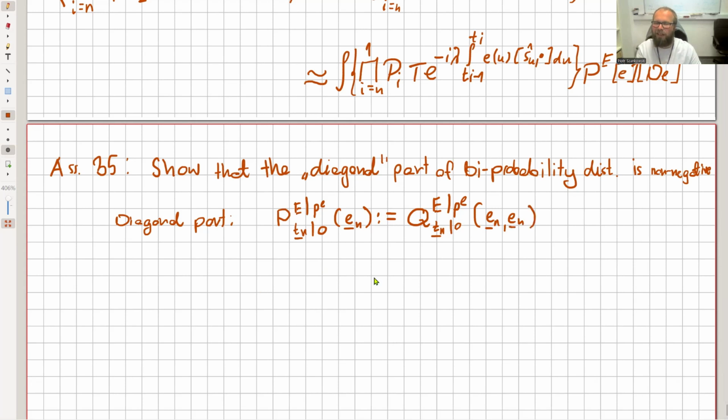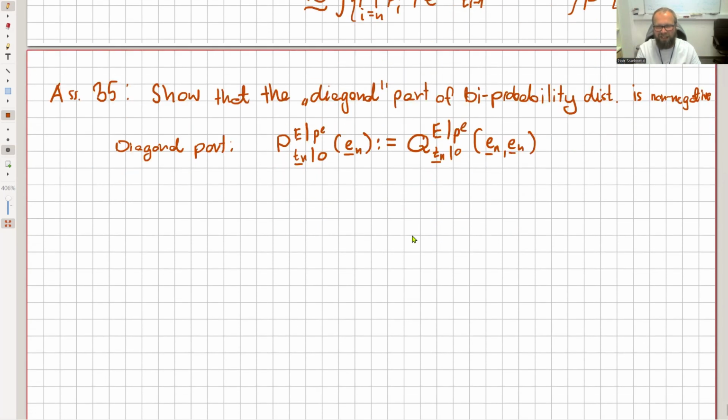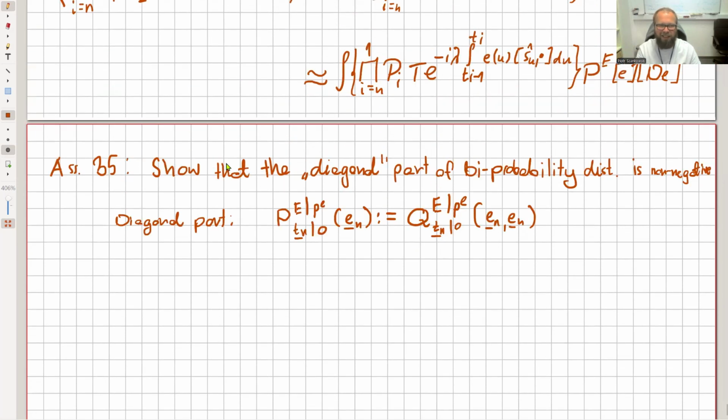So rather than feeding it with E plus and E minus, put the same sequences in both arguments. So this is the diagonal part. The off-diagonal part would be when some of the arguments, some pluses, are different from minuses. Our task here is to show that this thing is non-negative.